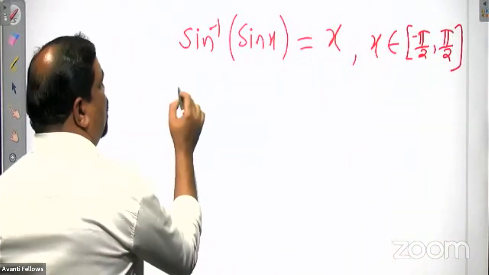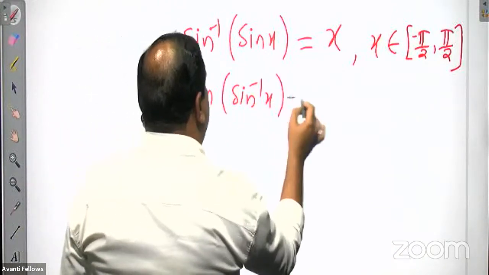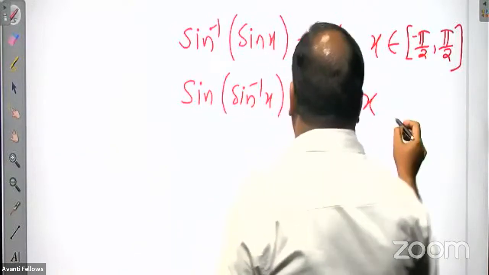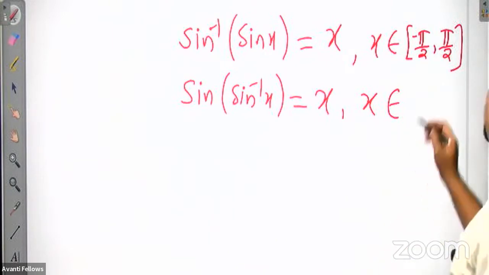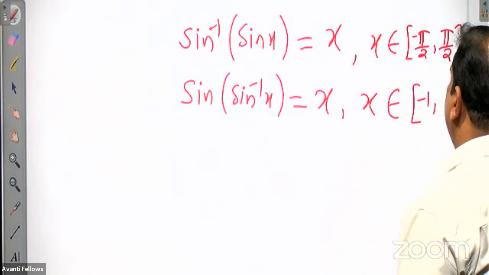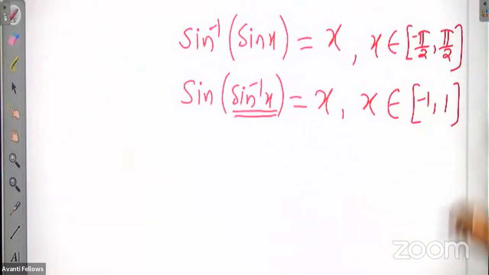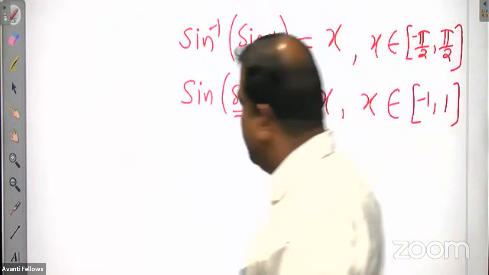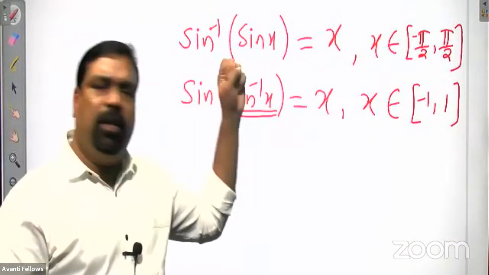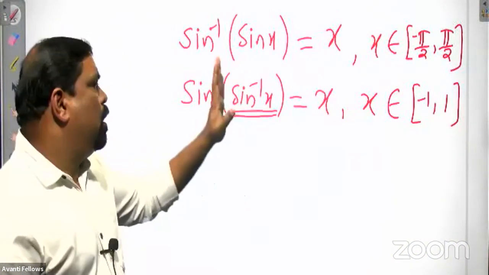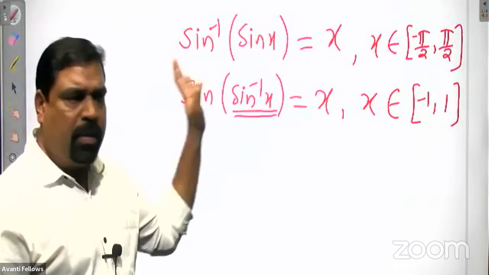Similarly, in the reverse way, sine of sine inverse x is also equal to x, where x belongs to minus 1 to plus 1, since sine inverse x is defined in minus 1 to plus 1. This is the only property in the syllabus. All the remaining portions are deleted. It applies to all functions: cos inverse cos x, tan inverse tan x, etc., the same thing.